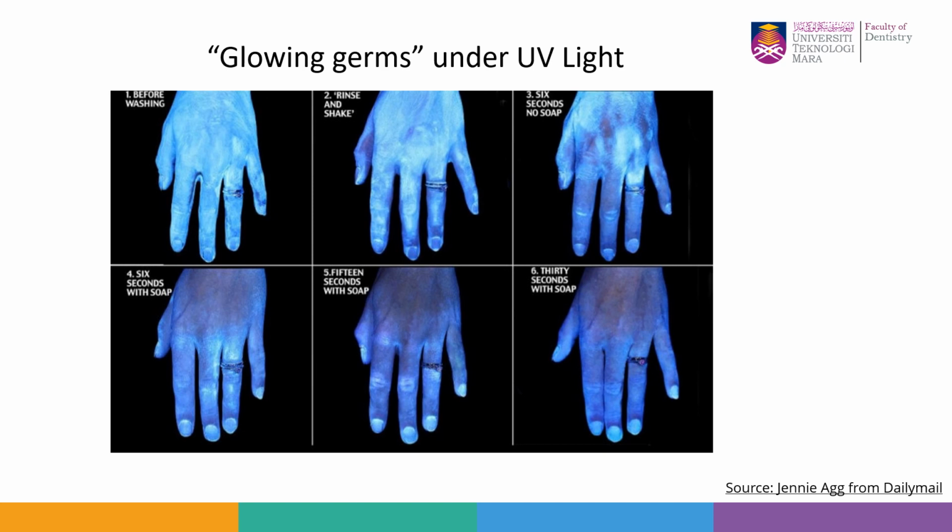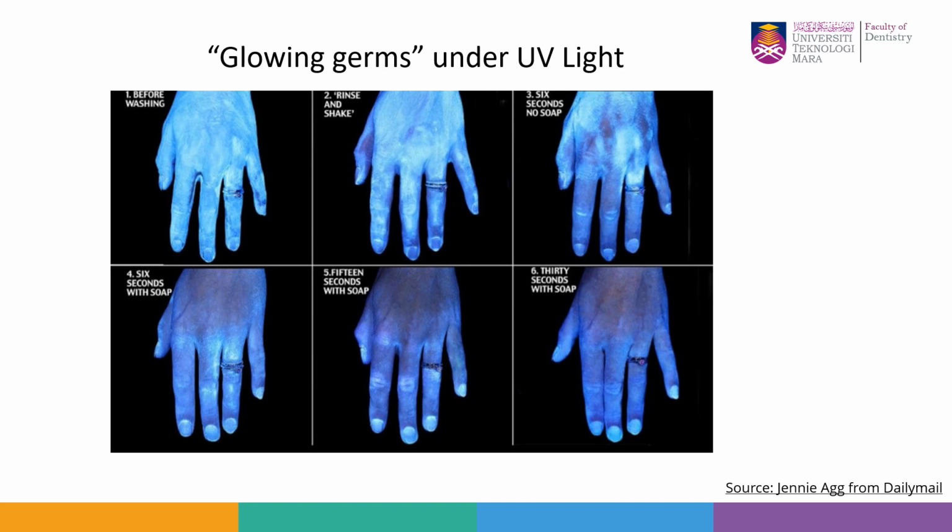All right. And then number two, rinse and shake. This is what you usually do when you go to the cafeteria or you want to use your hand to eat. So you go to the sink and you wash your hands. So this is usually what you do, rinse and shake. So you rinse your hands and you shake it.